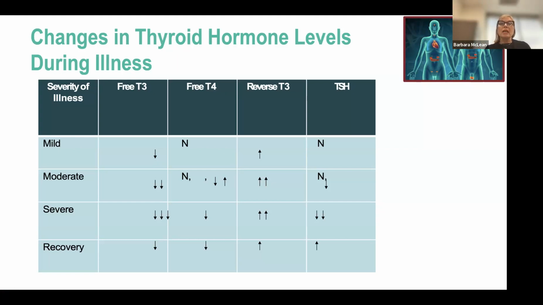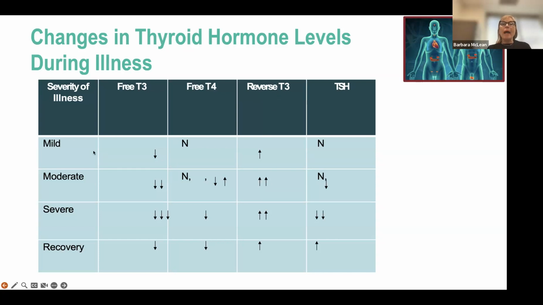What I want you to see here, though, is in critical illness, and in particular, in non-thyroidal response and critical illness, again, that used to be called euthyroid sick syndrome, what you actually see is a mild to severe decrease in free T3. That would be FT3. Also, you're going to see in critical illness a significant increase in RT3 or reverse T3.